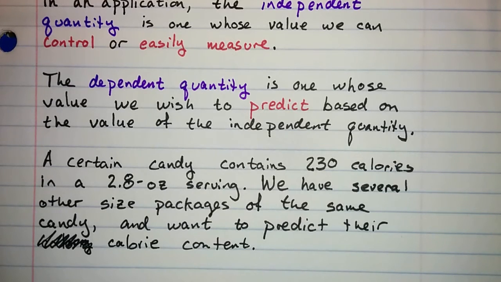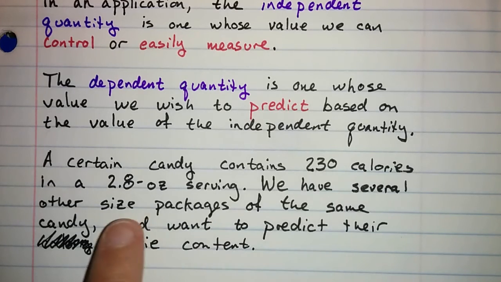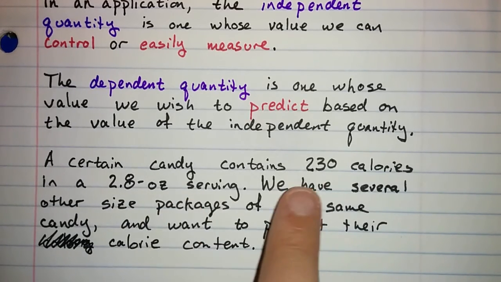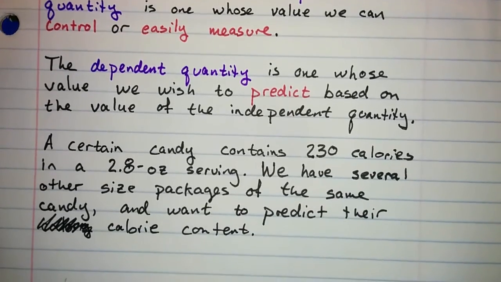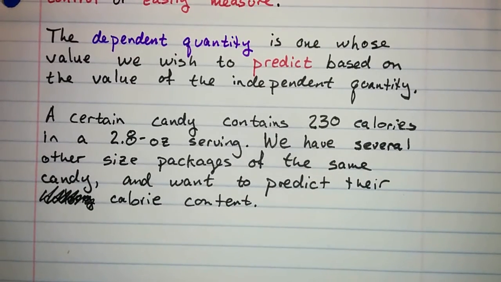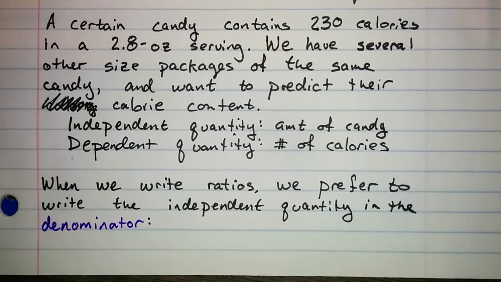In this situation, the other size packages of candy, what we know is how much they have in them, and what we want to predict is their calorie content. So we tend to say that the independent quantity is the amount of candy, and the dependent quantity is the number of calories.